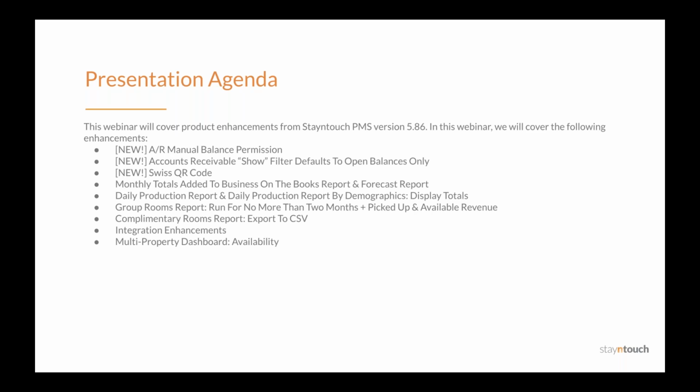In this webinar, we will cover the following enhancements: the new AR manual balance permission, the new accounts receivable show filter defaults to open balances only, the new Swiss QR code, monthly totals added to the business on the books report and the forecast report, daily production report and daily production by demographics report now display totals, group rooms report you can now run for no more than 2 months, and the group rooms report also shows picked up and available revenue.